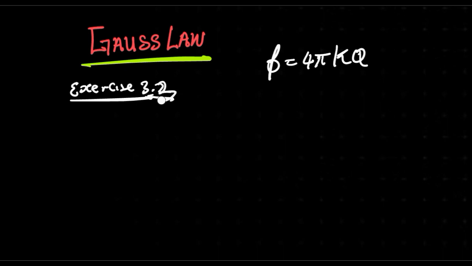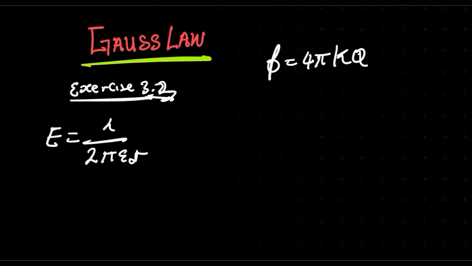It says, what will be the magnitude of the electric field strength at a point 5 cm from an infinite line charge of charge density? So you just use the formula E is equal to lambda over 2 pi epsilon naught times r.